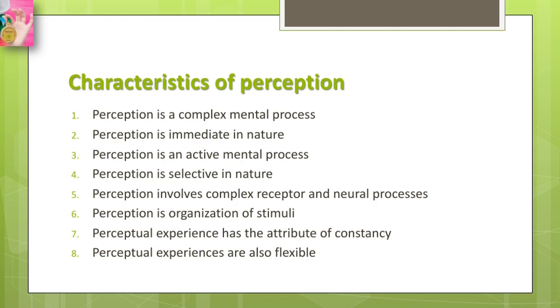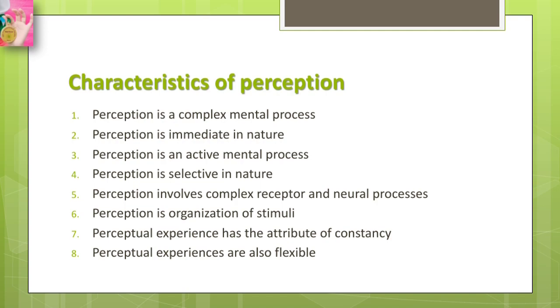So perceptual experiences are unchanged, and we perceive coal as black without losing its shade of blackness, and if the same piece of coal is seen in open sunlight, there would be no change in perceptual experience.